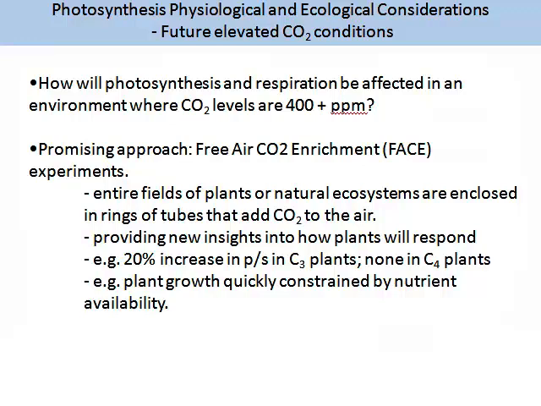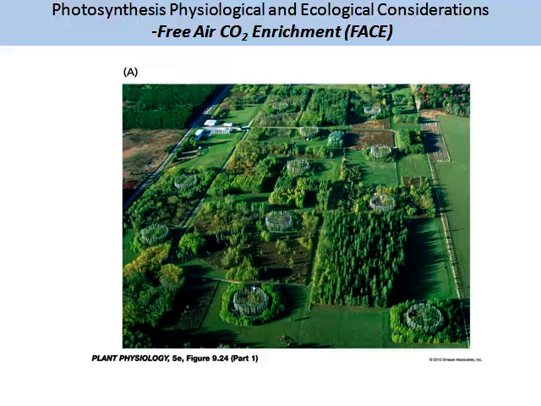Plants can grow quickly, and growth may be reduced by nutrient availability. The figure on the slide is a visual representation of one of these FACE, or free air carbon dioxide enrichment, experiments. Here you can see chambers or areas where carbon dioxide is delivered to the plants, ensuring higher levels. The growth and the development of the plants are then compared.